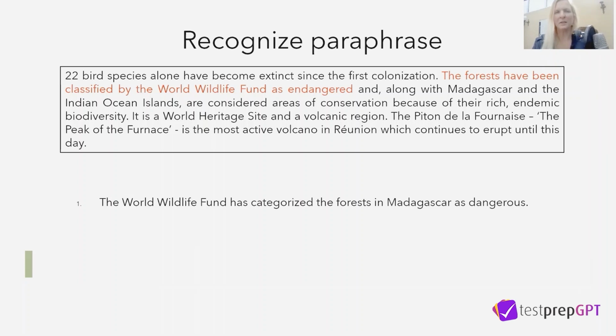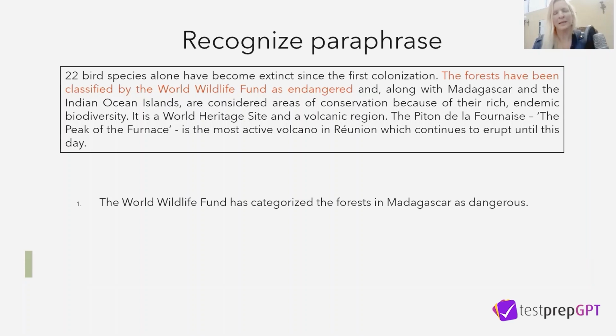So let's take a look at statement number 1. The World Wildlife Fund has categorized the forests in Madagascar as dangerous. So this is a trick question, because when you see the word dangerous, you might think that has the same meaning as endangered, but it doesn't.